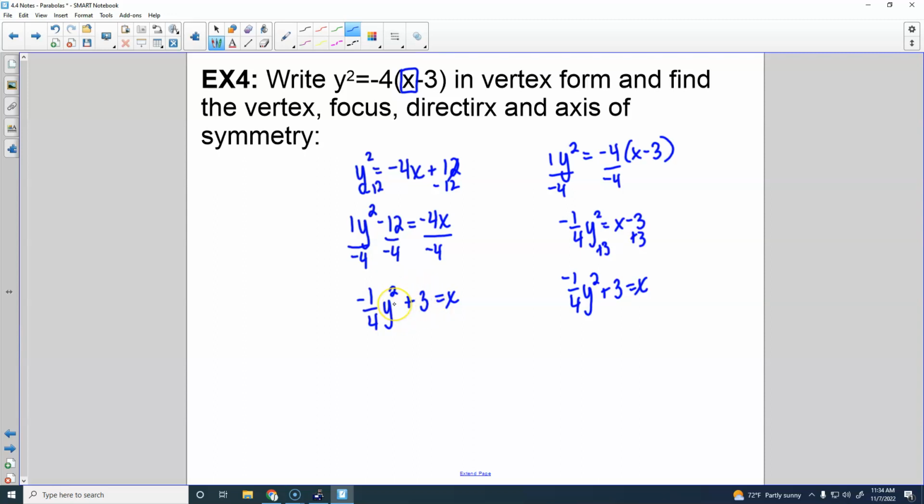But I would have to have a term with just a single y in order to complete the square. So what we're really looking at here is negative 1/4 times (y minus 0) squared plus 3. Since there's only that y squared term, it is actually in vertex form. It's just sort of in disguise. It doesn't look very vertex-formy there.